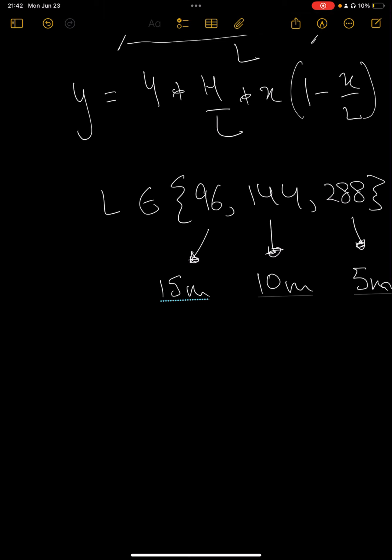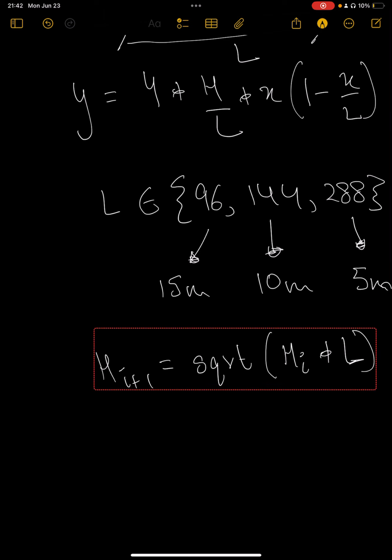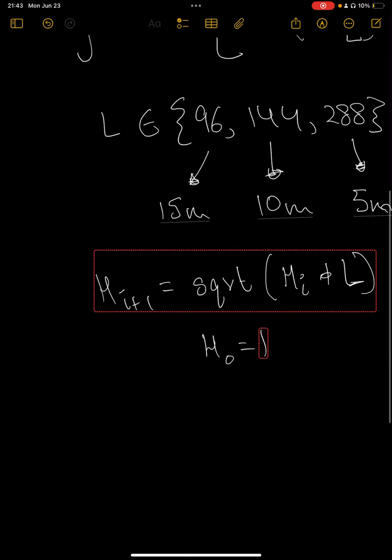Now, the h is also linked to L. So h(i+1) is equal to the square root of h(i) multiplied by L, where h(0) is equal to 1. What this basically means is every subsequent parabola will be taller and taller.